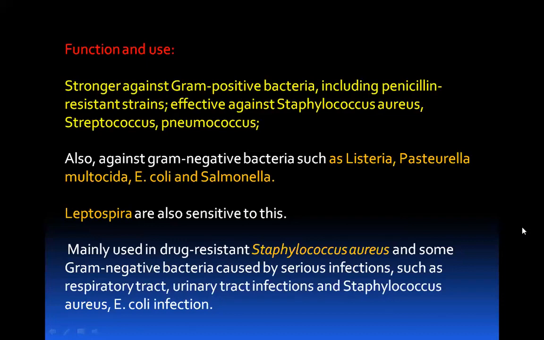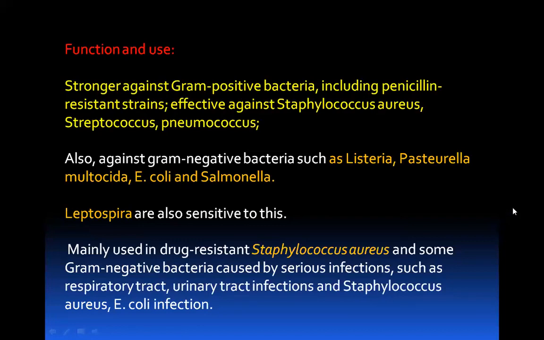It is also stronger against gram-negative bacteria such as Listeria, Pasteurella, and E. coli and Salmonella. Leptospira are sensitive to this cephalosporin, and it's also a mainly used drug in resistant Staphylococcus aureus, MRSA, and some gram-negative bacteria causing serious infections such as respiratory tract and urinary tract infections, along with Staphylococcus aureus and E. coli infection.